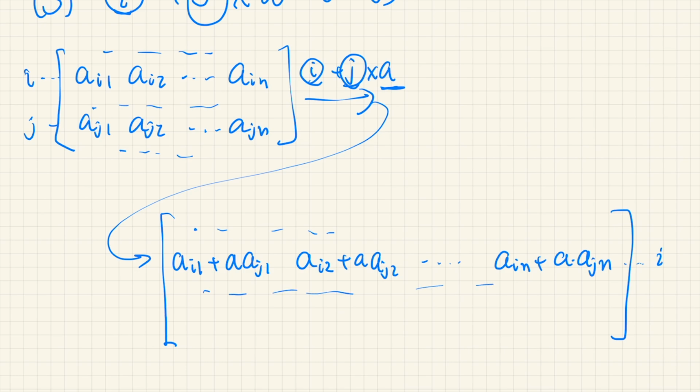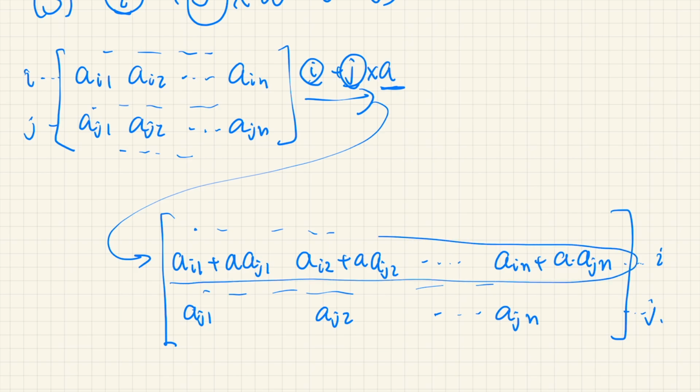And what's important is the jth row is unchanged. So AJ1, AJ2, and so on, AJN. So in the new matrix, only the ith row has been changed.